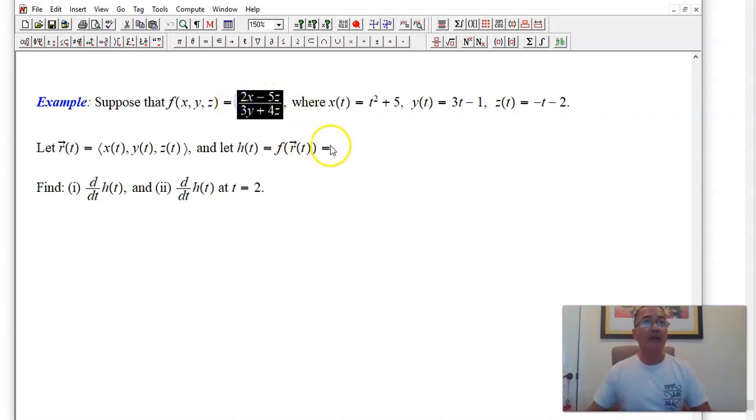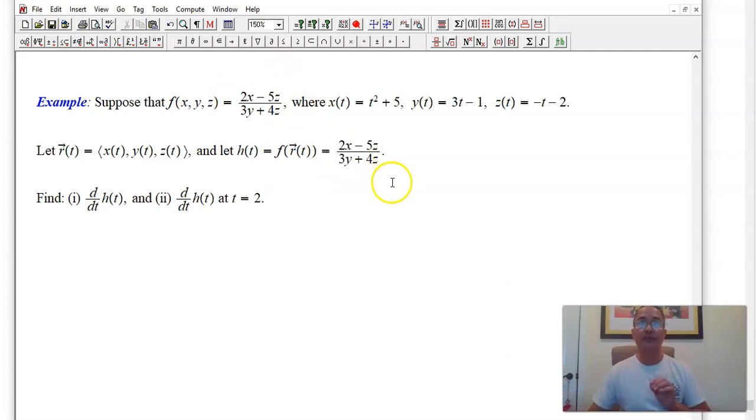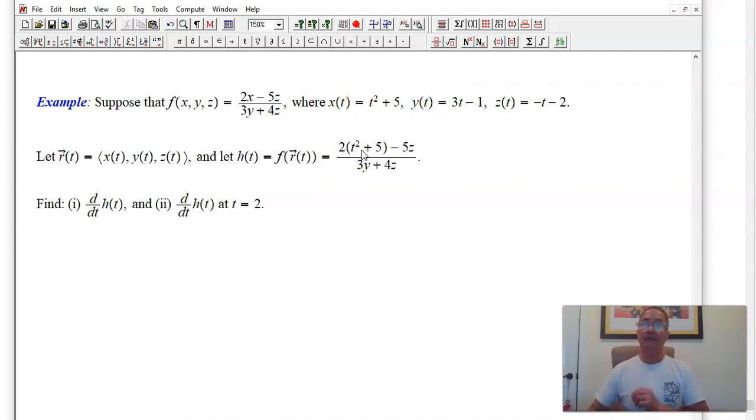So into this function, we're going to plug in these expressions. So this is x, that is our x. And then we have z's. Let's go to z next. So we multiply minus 5 times this, and then 4 times this.